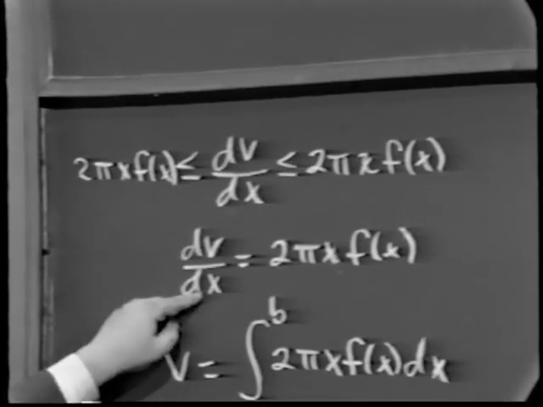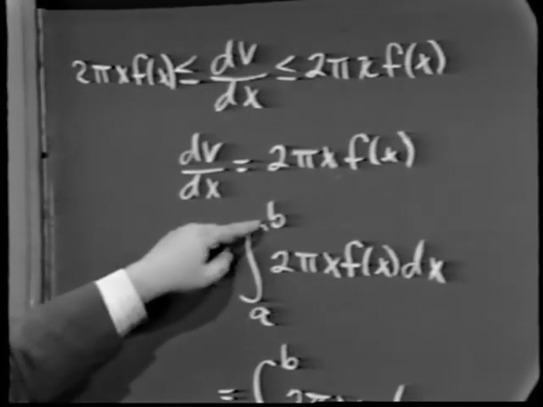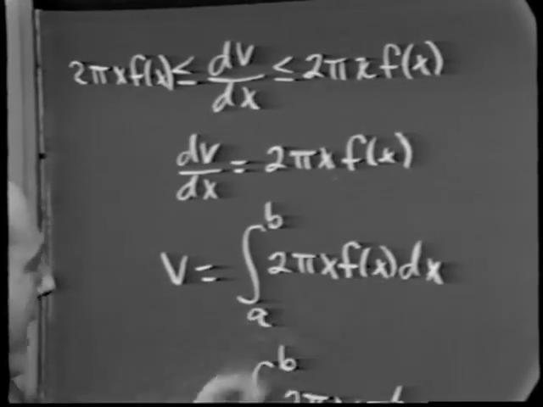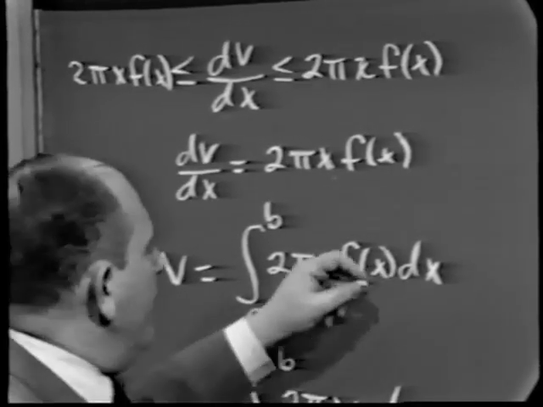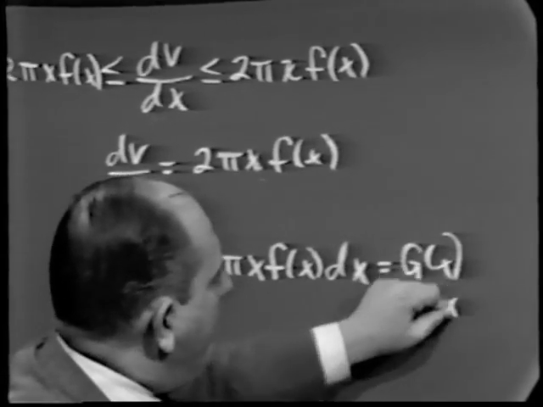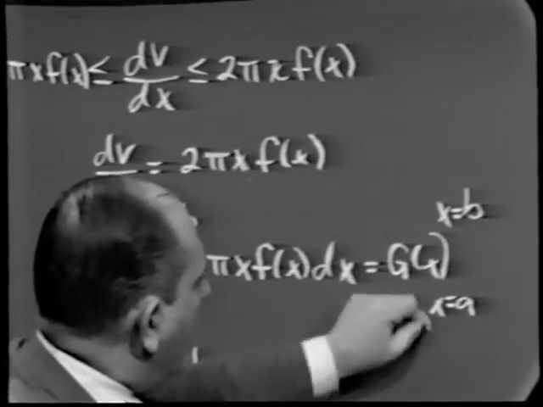Therefore, if this is dv dx, then v itself is the integral of this thing evaluated between a and b, because that's where we're adding these things up from. In other words, if we're using differential calculus, this is g of b minus g of a, where g prime equals f.